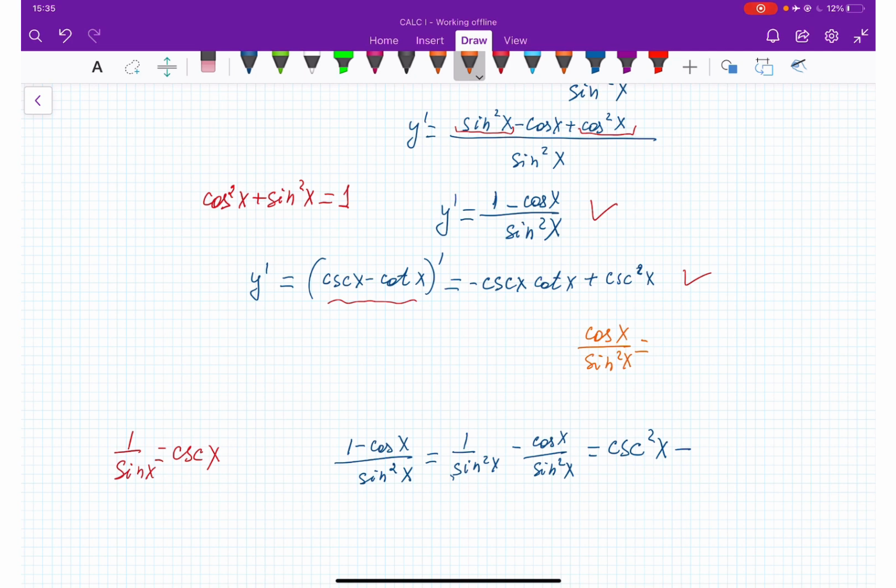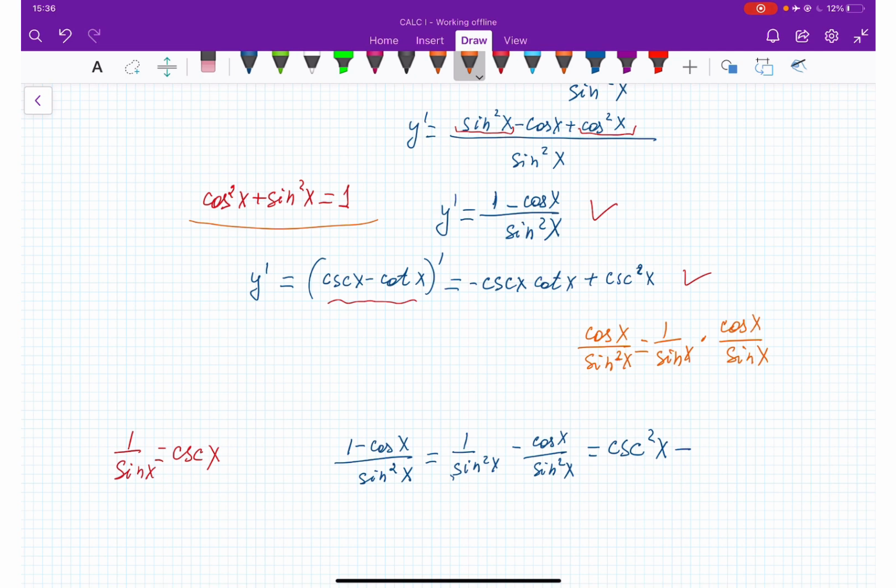So I'm going to separate 1 over sine x and times cosine x over sine x. Why am I doing this? Because we don't have a formula where sine is used as a square. Therefore, logically, I'm trying to get rid of this square.